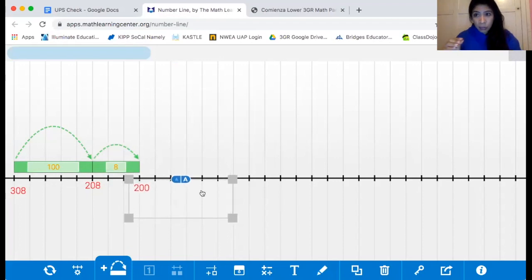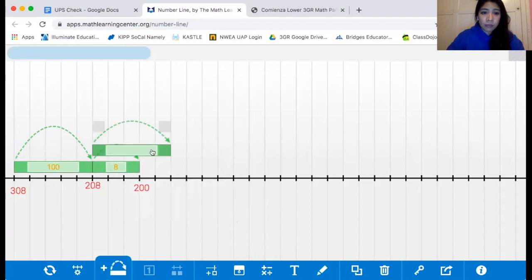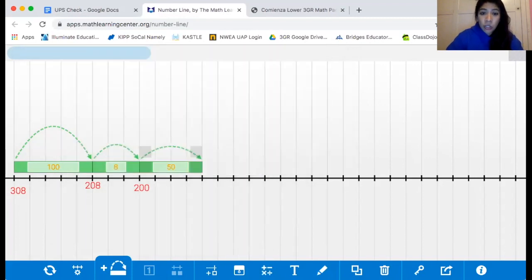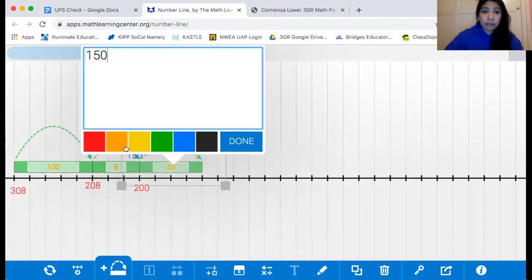And remember, my number that I was subtracting is 159. So I've already subtracted 108. So that means I still have to subtract 51. So I'm going to go ahead and subtract 50 as my next number, because now I have friendlier numbers to work with. Now I'm at 150.